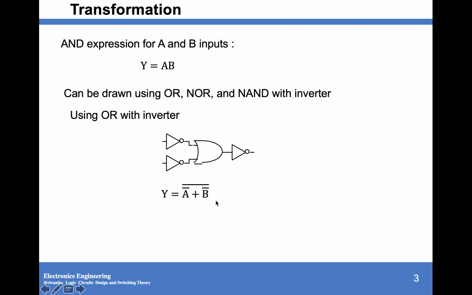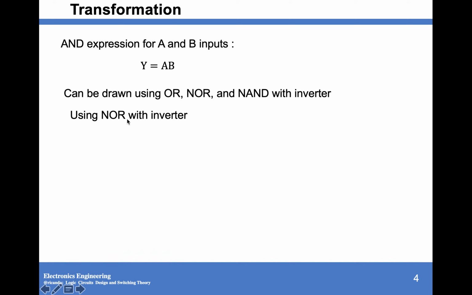If we apply De Morgan's theorem by breaking this bar into two, changing the sign from OR to AND, we now have a double negative. Applying the law about double negative, we have the expression AB. So this is a circuit using an OR with an expression the same as an AND. So that is AB.